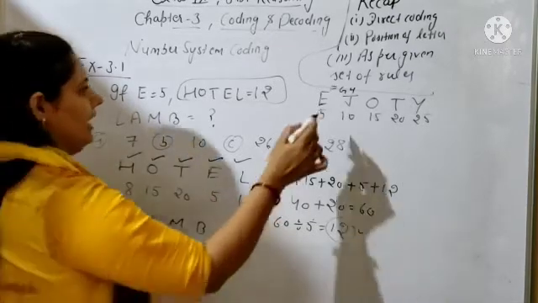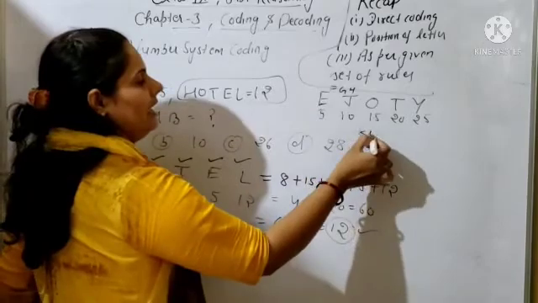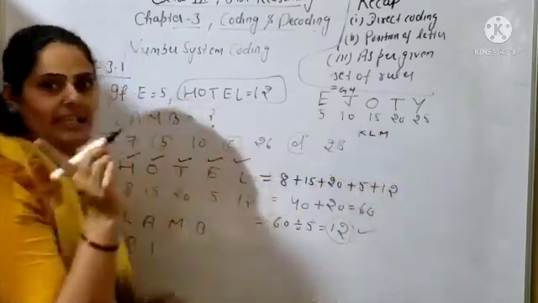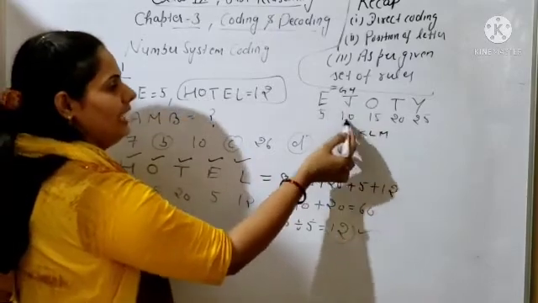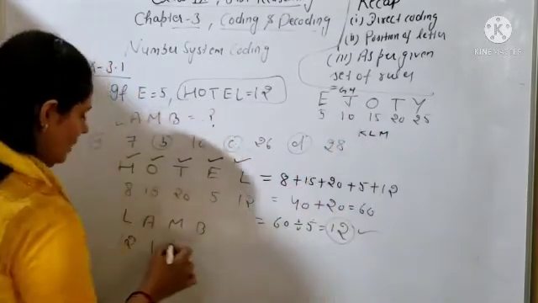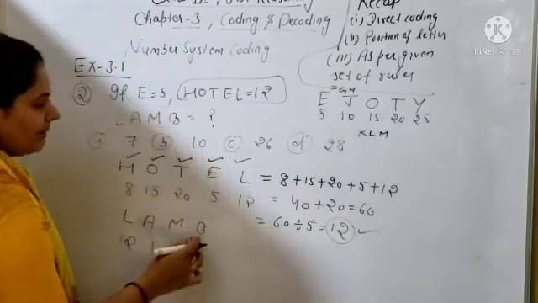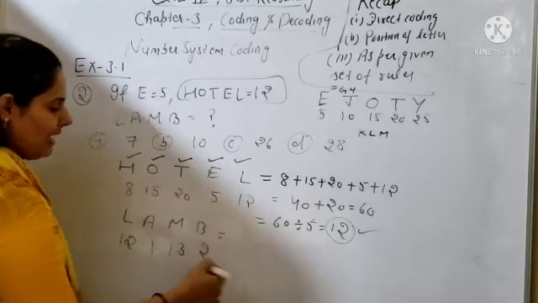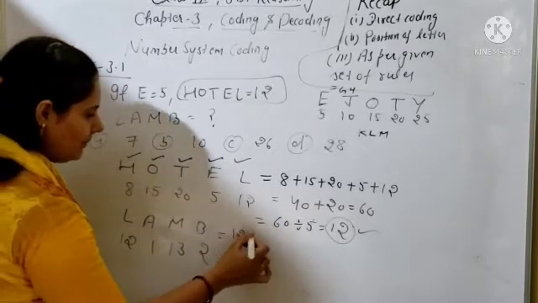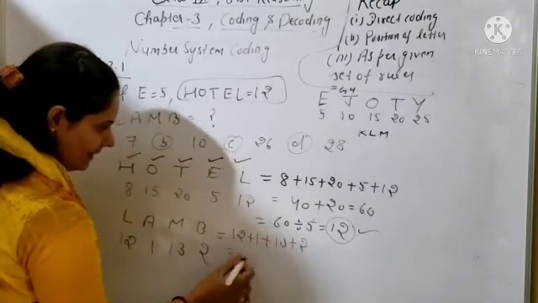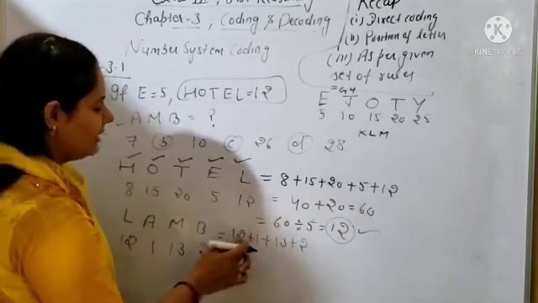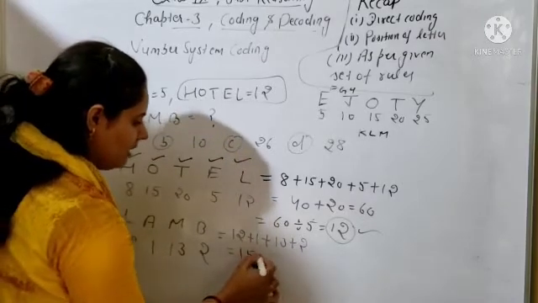After J it will be K, L, M. A, B, C, D, E, F, G, H, I, J, K, L, M. So J, K, L, M is 10, 11, 12, 13. So it will be at the 13th position, and B at the second position. Now you will add the letters. So 12 plus 1 plus 13 plus 2. So it will be, beta, 2 plus 1 is 3, 3 plus 12 is 15, plus 13.